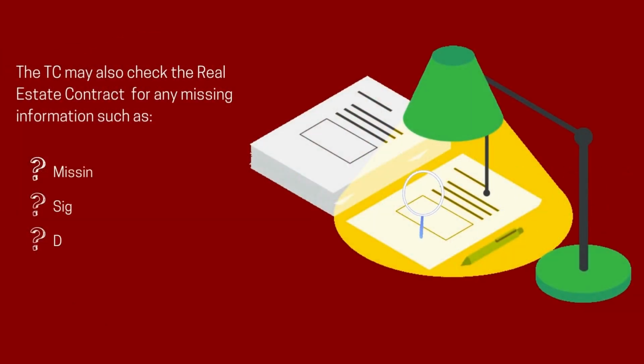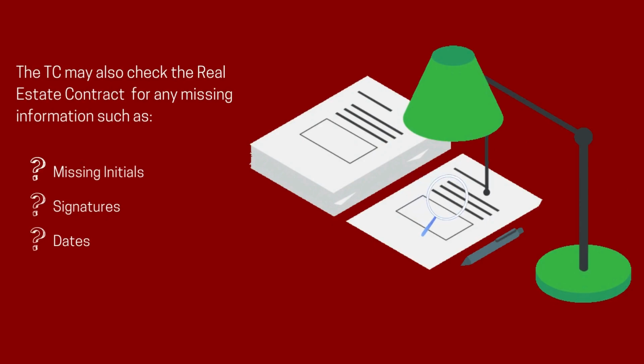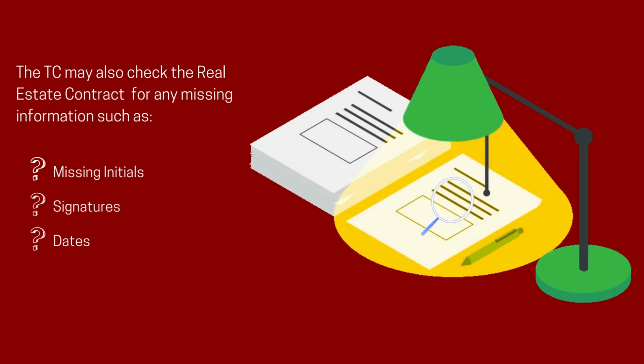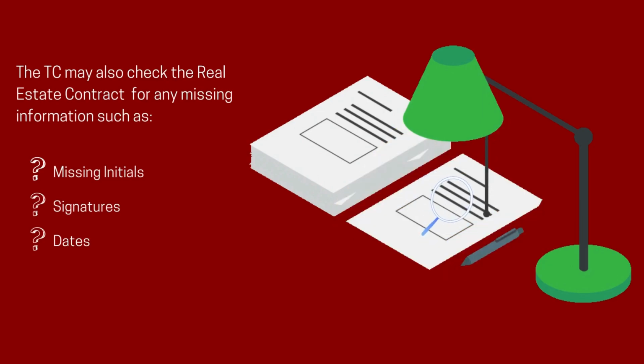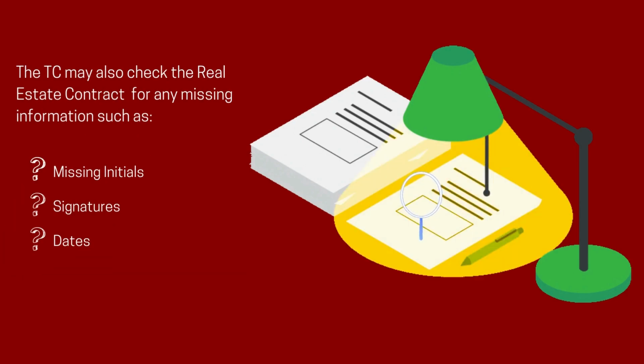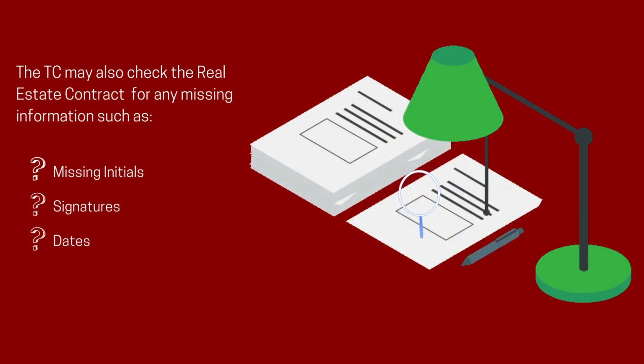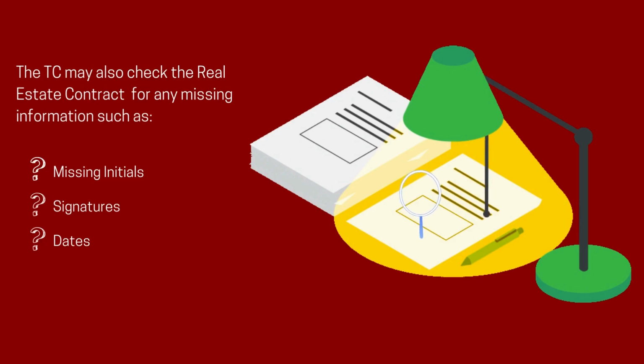During this review, the TC may also check the real estate contract for any missing information such as missing initials, signatures, or dates. If any of this information is missing, the TC will coordinate with the parties to obtain the missing information and send the information to the parties for their records.